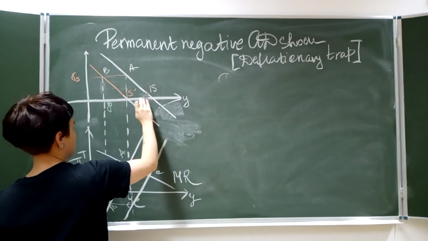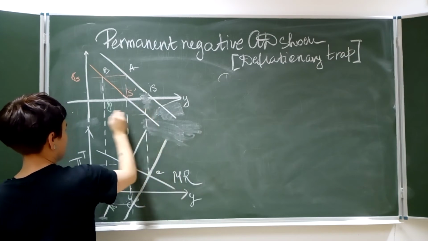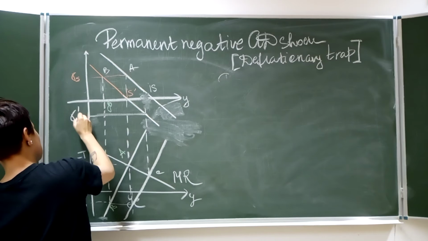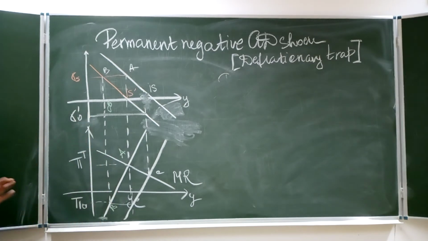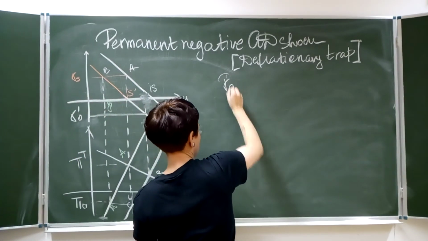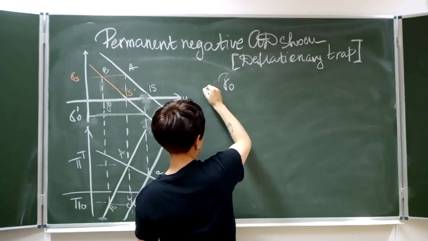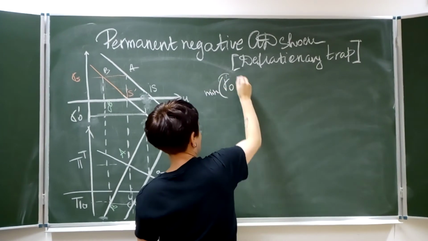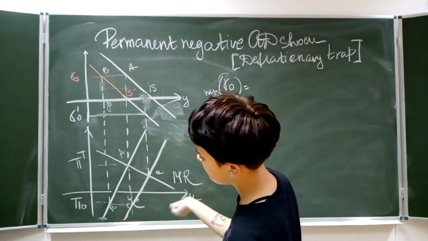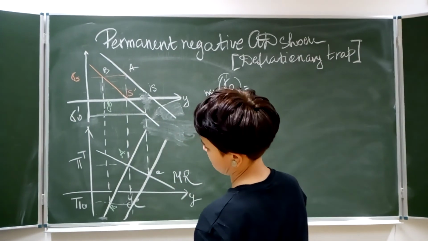Okay, we have a permanent shock, sorry. So actually this interest rate shall be here. So this is R0 prime, the perfect solution for the central bank. However, as you remember, the minimum value of R0 should be the negative level of inflation, minus inflation in the previous period.